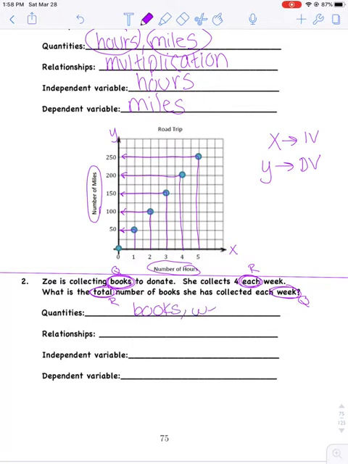So my quantities are going to be books and weeks. My relationship, I think it's probably just each. I think total they're just using. But if you put down total as well, I think that's okay. See if you can determine which quantity is independent and which quantity is dependent.